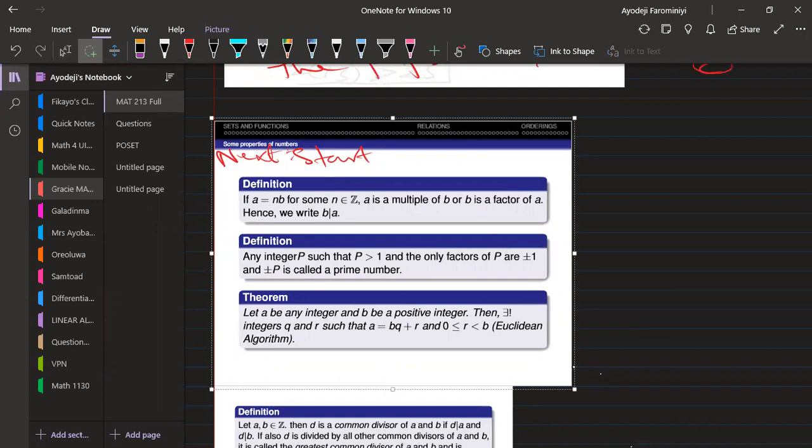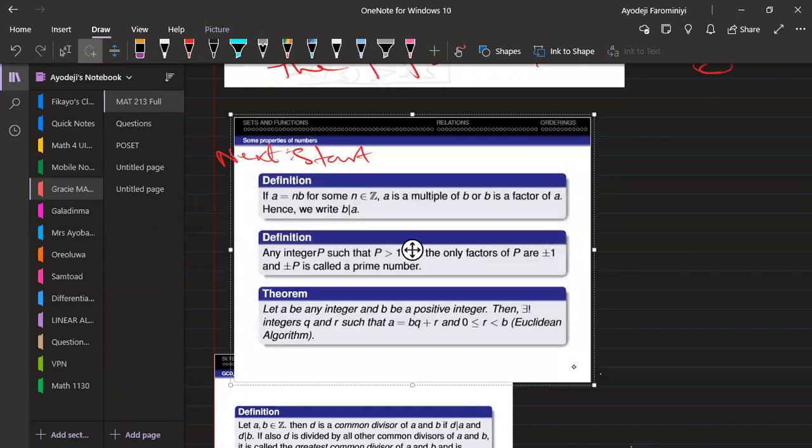Taking you through the definitions. If I say A equals MB, like this, what can we say about A and B? If A is MB, then it means A is a multiple of B and B is a factor of A. We have talked about it when we were talking about divisibility.